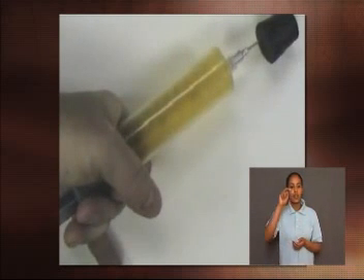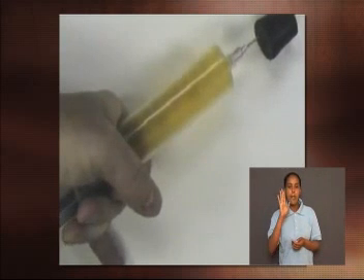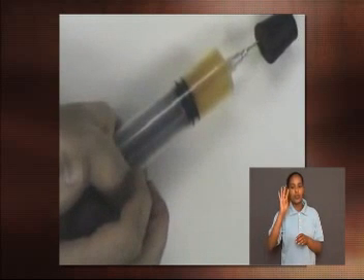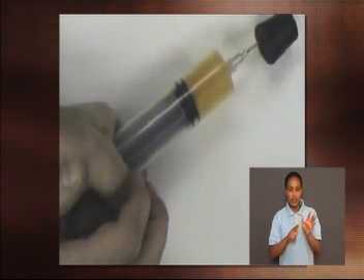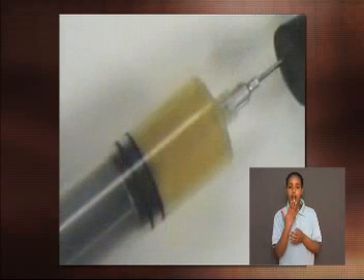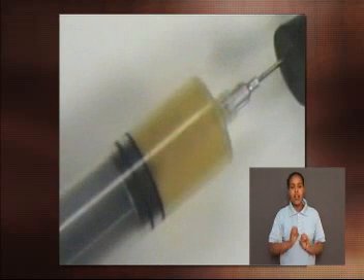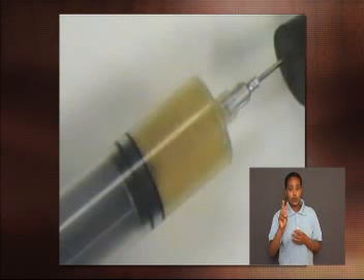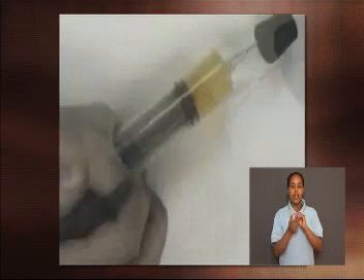Nitrogen dioxide is a brown gas, and dinitrogen tetroxide is clear. Therefore, when they are mixed, the color appears light brown. The more nitrogen dioxide there is, the darker the color gets.